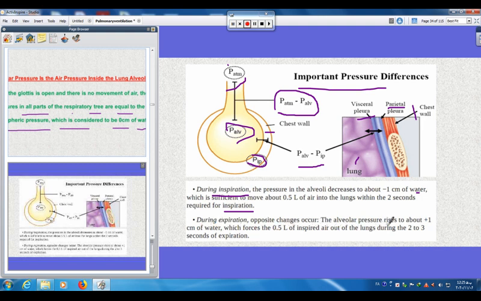The alveolar pressure rises to about plus 1 centimeter of water, which forces the 0.5 liters of expired air out of the lungs during the 2 to 3 seconds of expiration. Inspiration takes near 2 seconds, and expiration takes near 3 seconds.